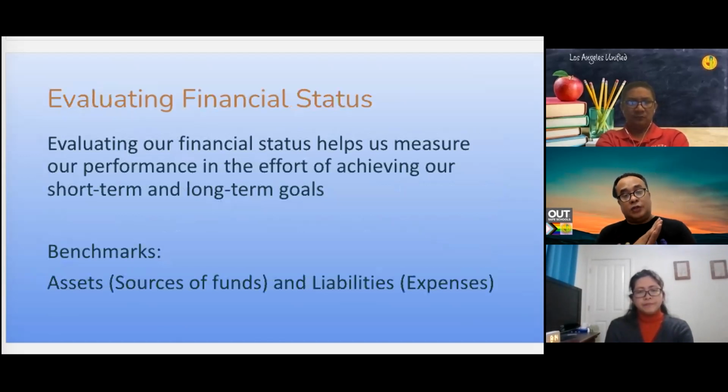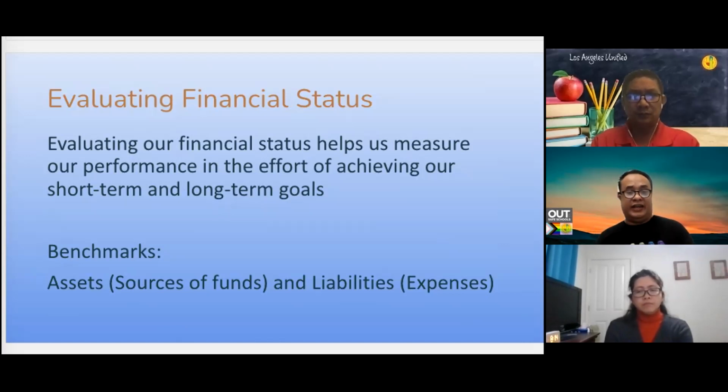Say, for example, once you set your goals, do I have the money for this? Pretty much like you're asking whether we have enough resources that can be used to pull off the goals that we set earlier.